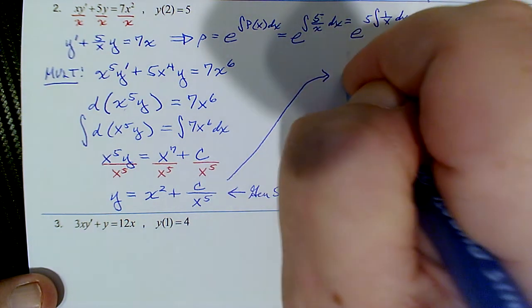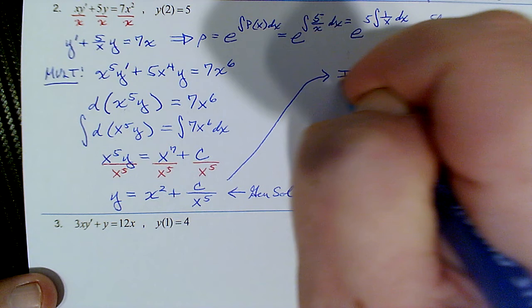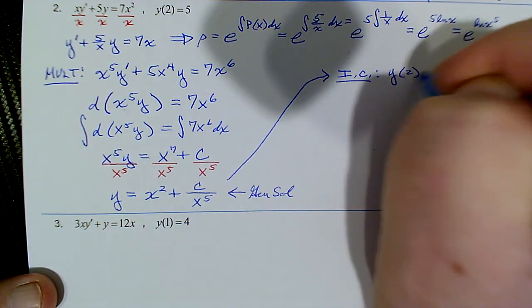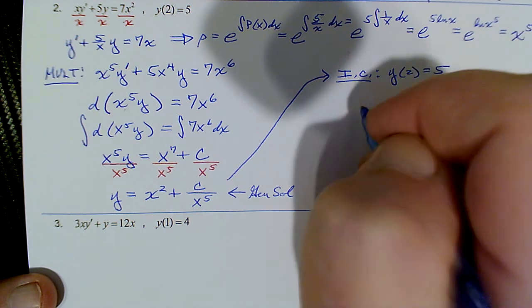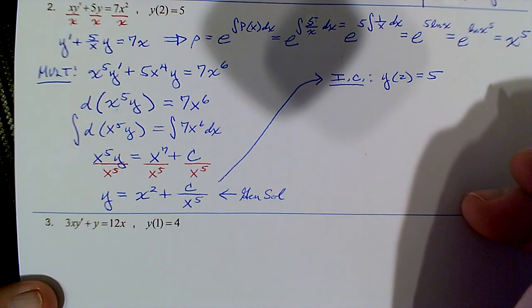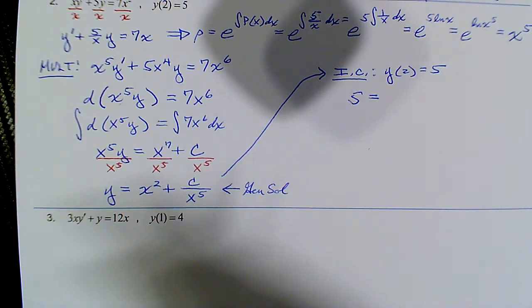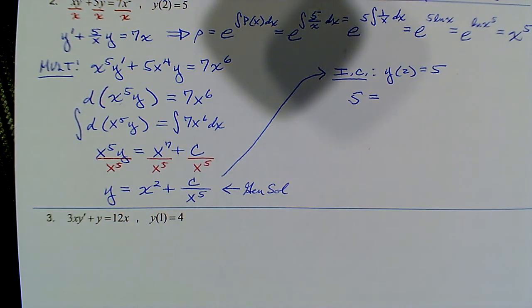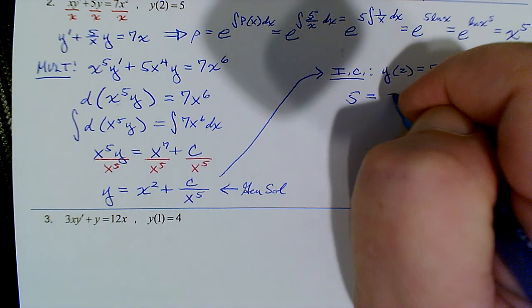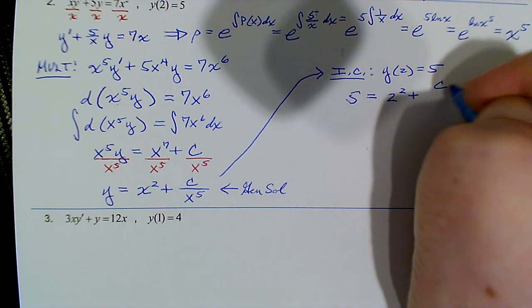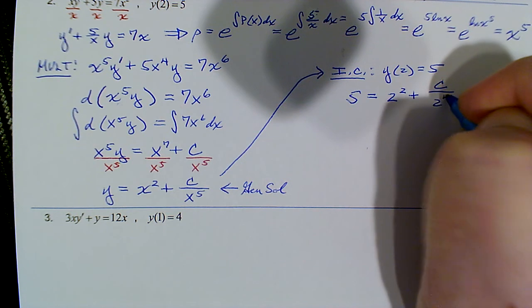For the particular solution, the initial condition was that y of 2 is 5, which means when x is 2, y is 5, so into the general solution, 5 is equal to, x is 2, so 2 squared plus c over 2 to the fifth.